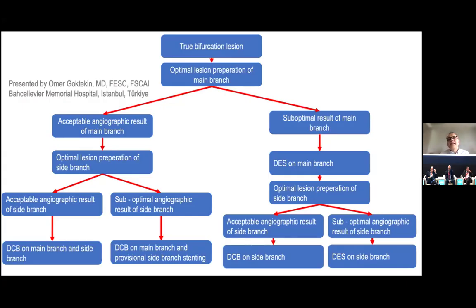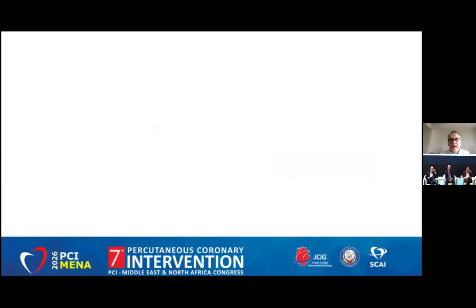After main branch stenting, we rewire the side branch and do lesion preparation. If we like the lesion preparation, if the result is optimal, then we do DCB on the side branch, and then we do KISS with that DCB balloon and an NC balloon in the stent. This is our approach when we try to do DCB.